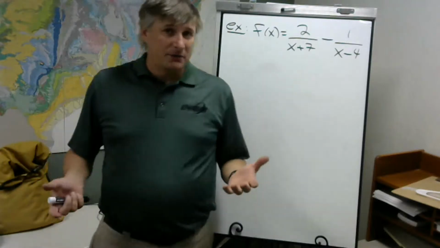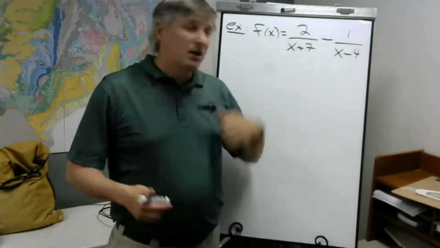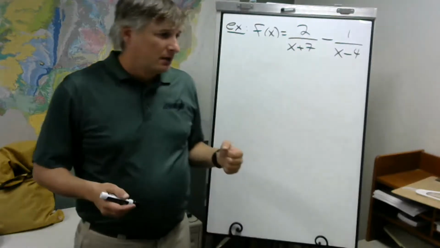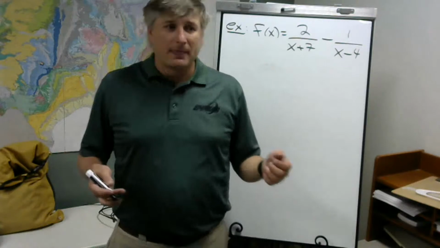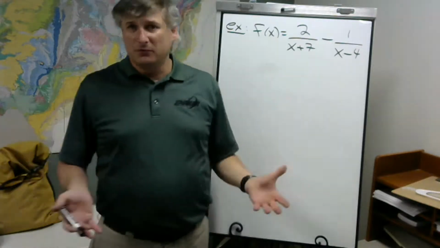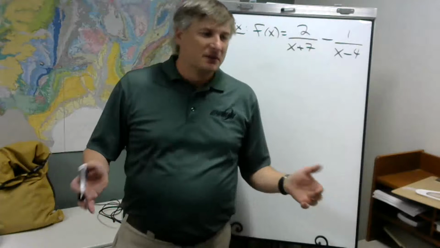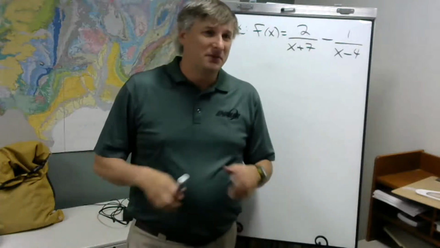We want to think about divisions by 0. Is there something here that could cause a division by 0? Are there square roots? Do we need to accommodate a square root? Are there transcendental functions?